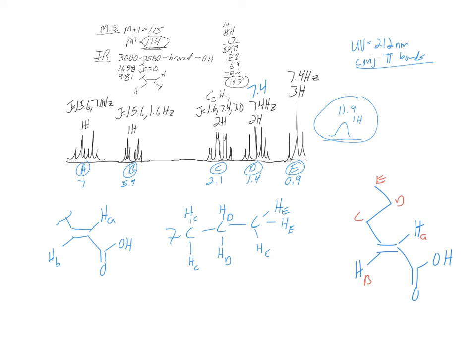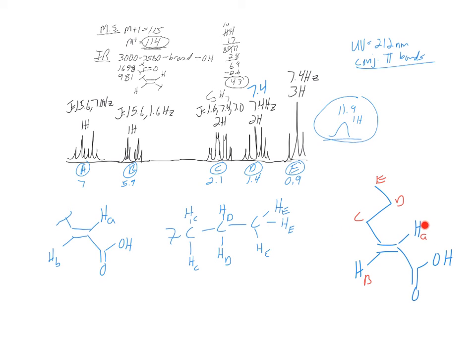Remember the N plus 1 rule? How many bonds away do you have to be? Less than 3. Is A talking to C somehow? Yeah, it is. How many bonds away is A from C? It is 4, right? 1, 2, 3, 4.